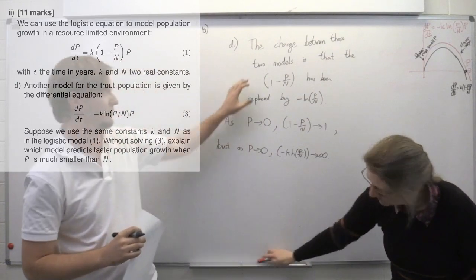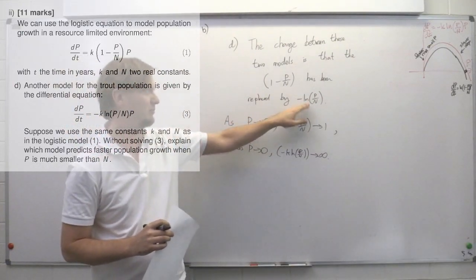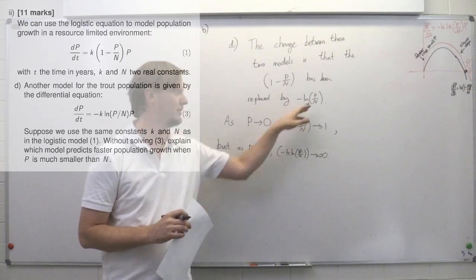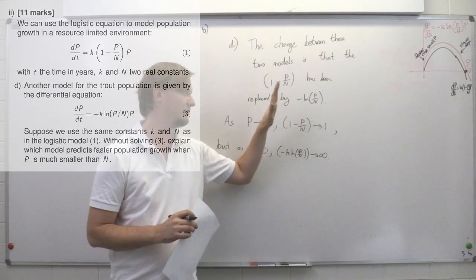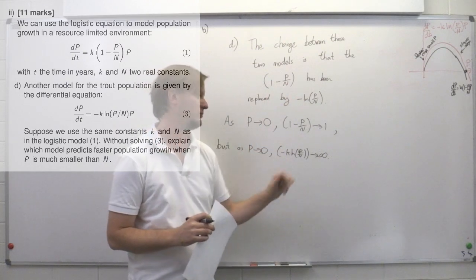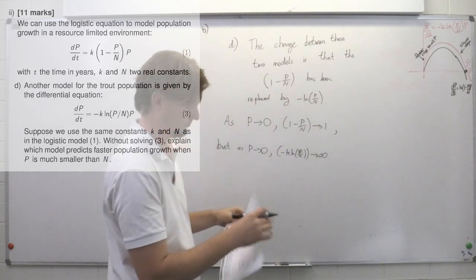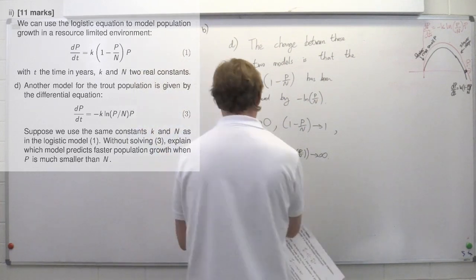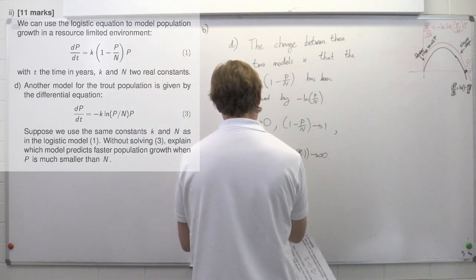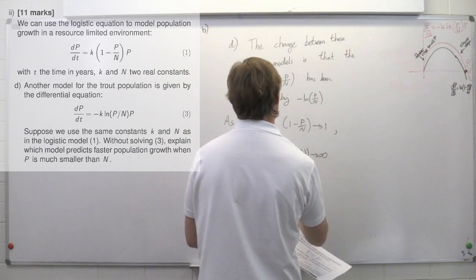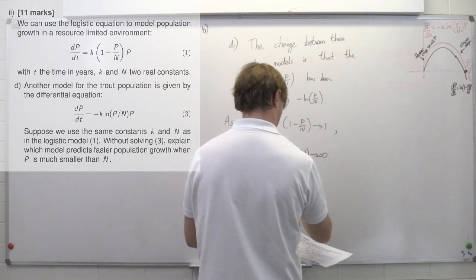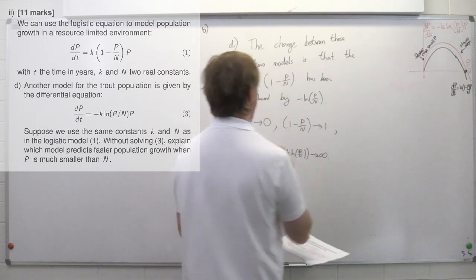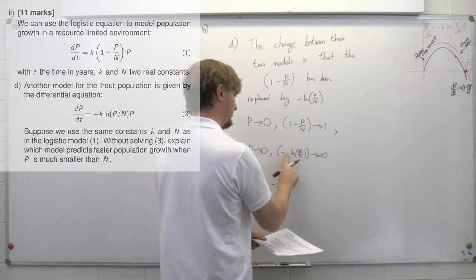So that's really telling you that the difference here is that this term does have a larger value as p is tending to 0. Oh actually, what am I saying? There's no k there.